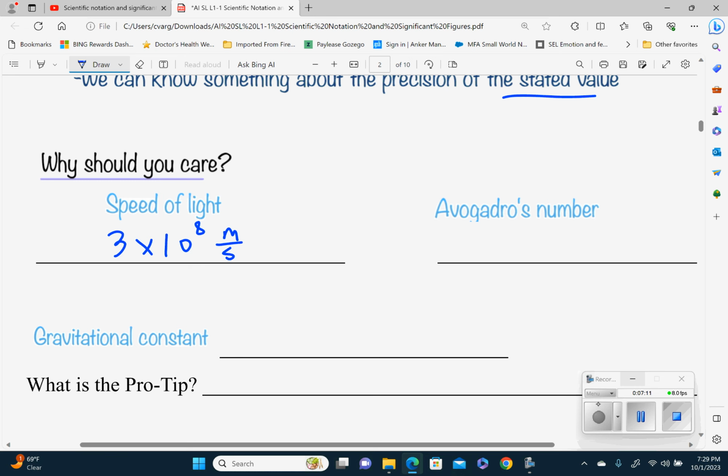Avogadro's number comes into play with atoms, and this is something that you might see in science. Avogadro's number, Na, is equal to 6.02 times 10 to the 23rd, so this is a very large number, and this is for atoms per molecule.